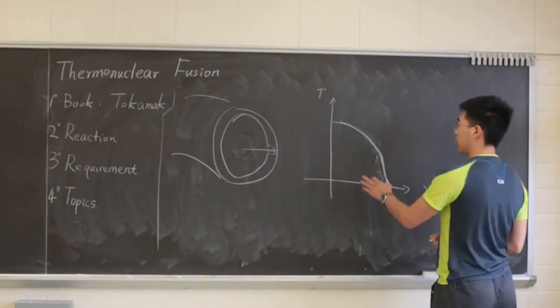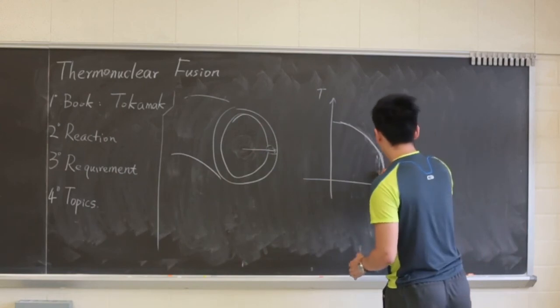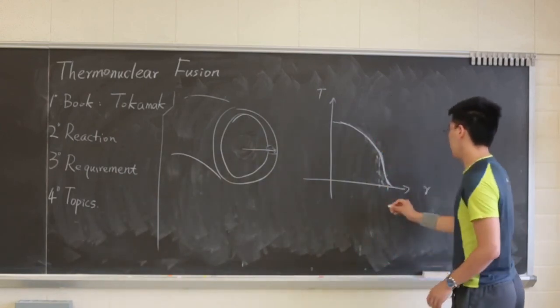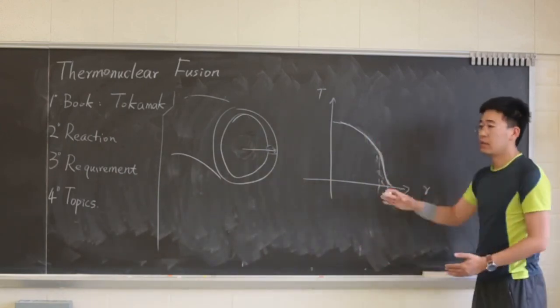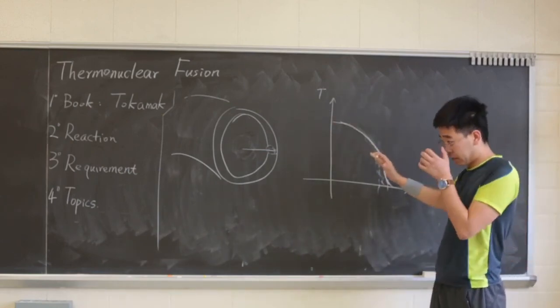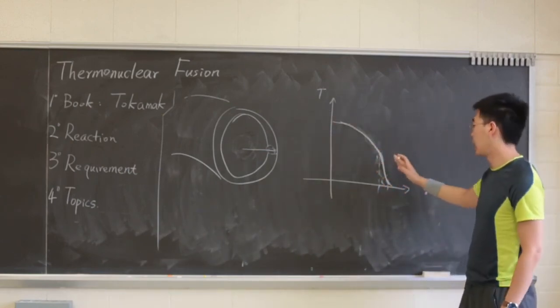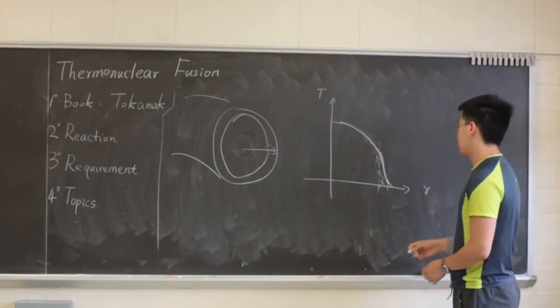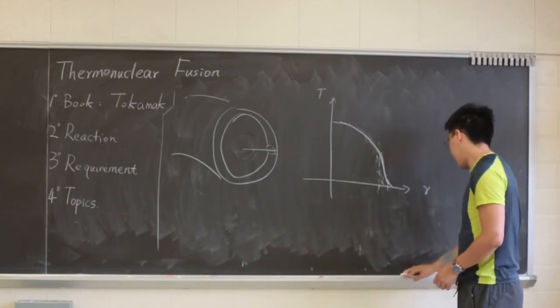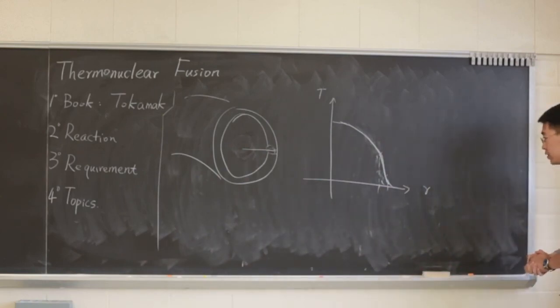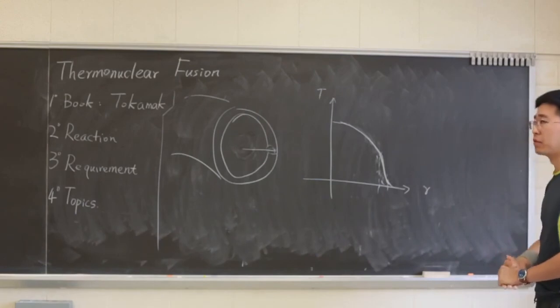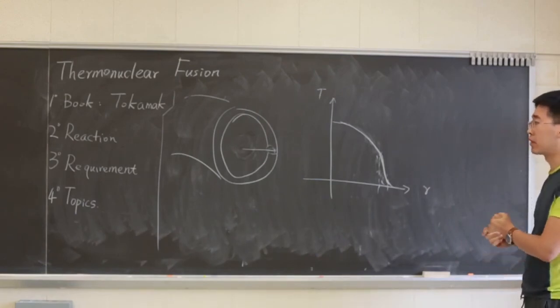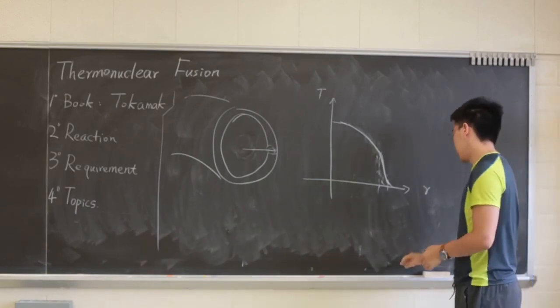So you can see that in the core, the gradient, or the changing of temperature, is not as drastic as in the pedestal. And the pedestal actually has relatively interesting physics, which we're studying. That's one of the topics we're doing.